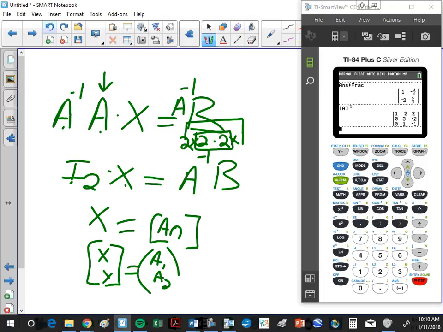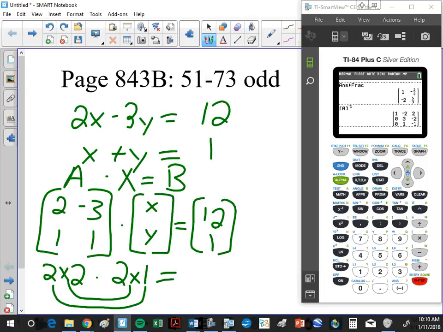Okay, so here's what we're going to do. I'm not going to make you calculate A inverse, although on a 2 by 2 it's really easy, right? This would be 2 plus 3 is 5, so I'd have to multiply everything by 1/5. Okay, but I'm not going to make you do that. Let's go into matrix.